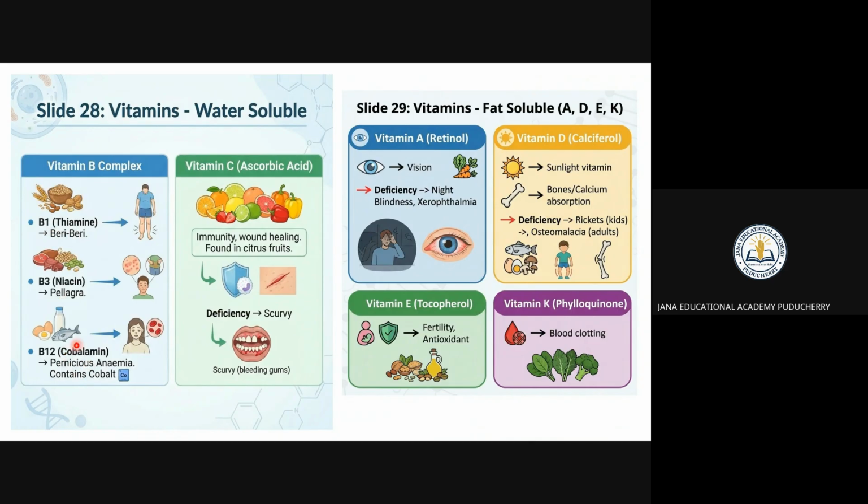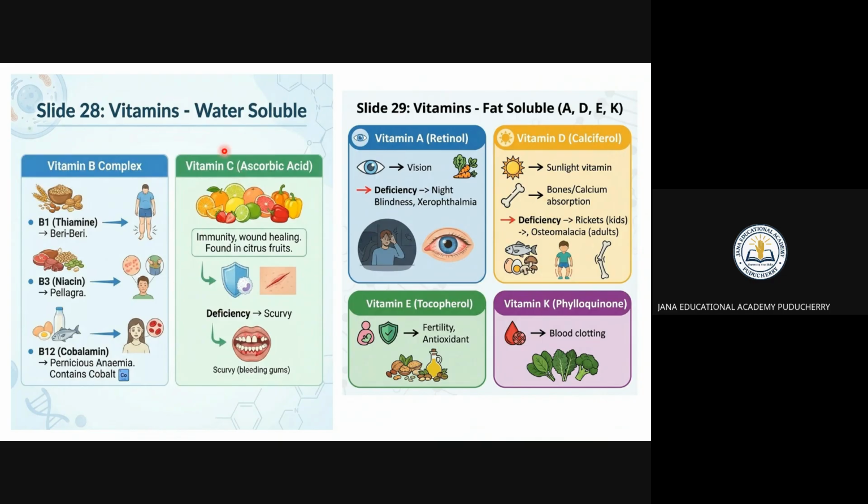Like B1, B3, and B12. B12 is cobalamin; its deficiency causes anemia. Anemia is when they are not having enough blood in the body. You can say that is B12. They have to eat fish, egg, and such to maintain that. It contains cobalt.